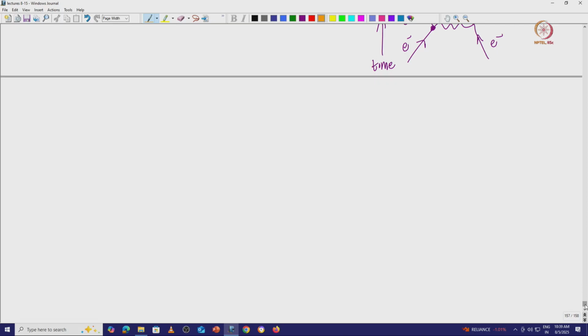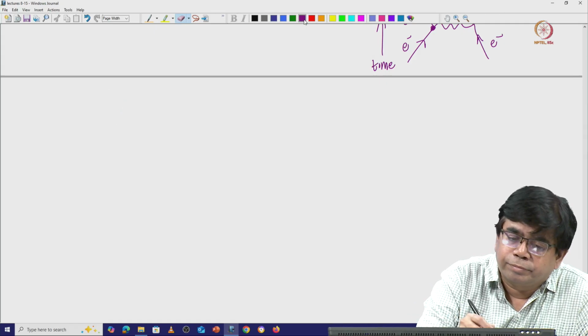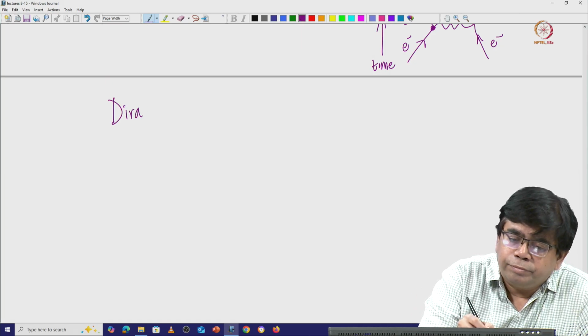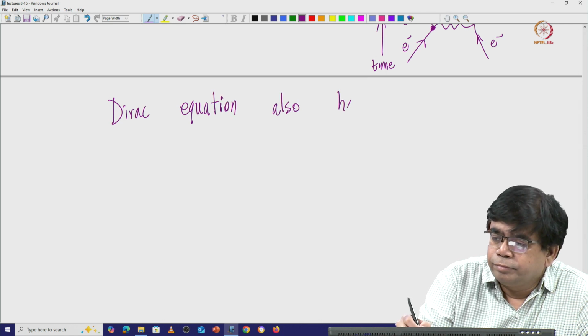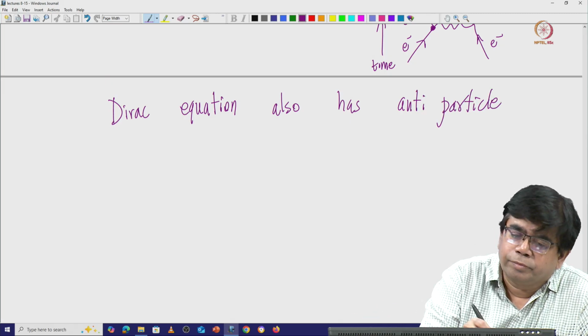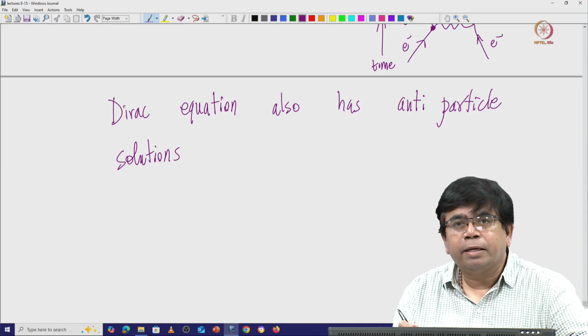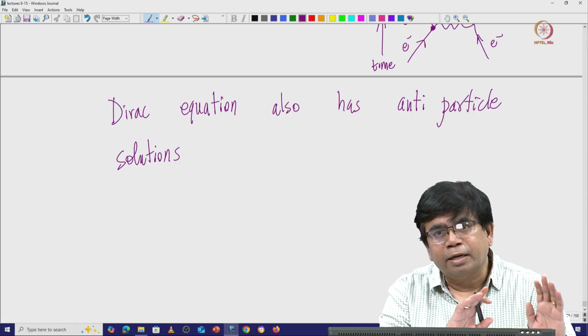the question arises: the Dirac equation also has antiparticle solutions, exactly like the Klein-Gordon equation.